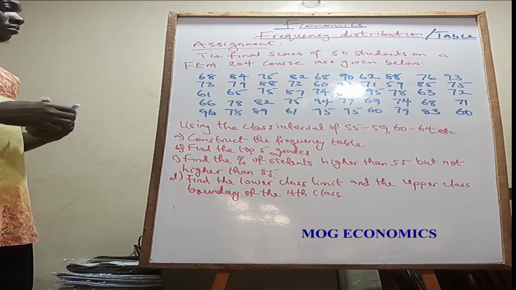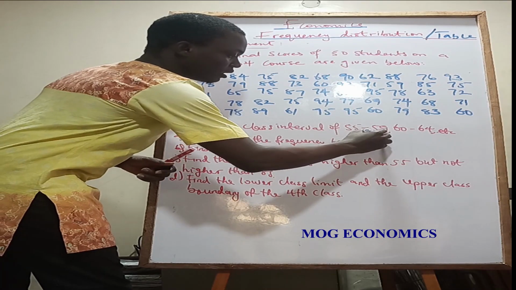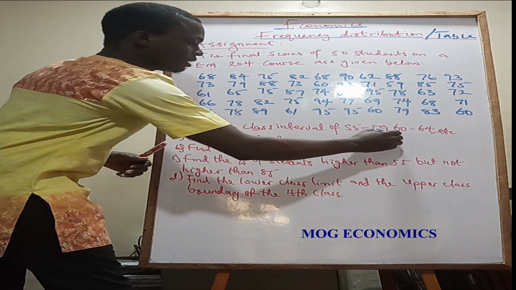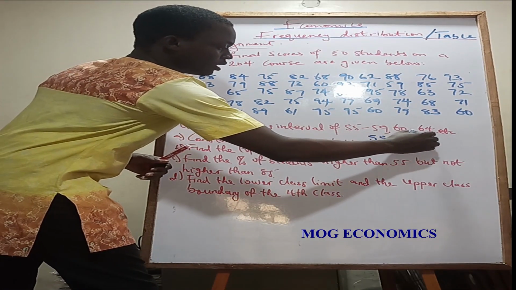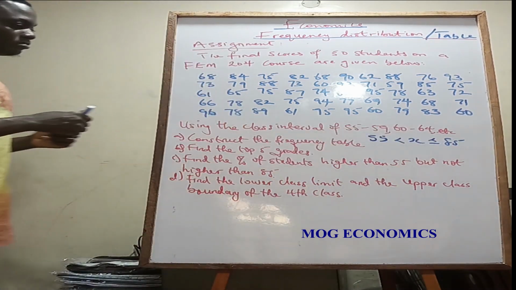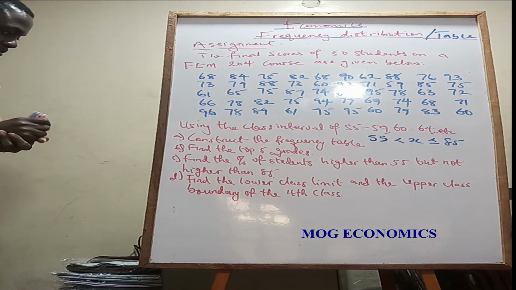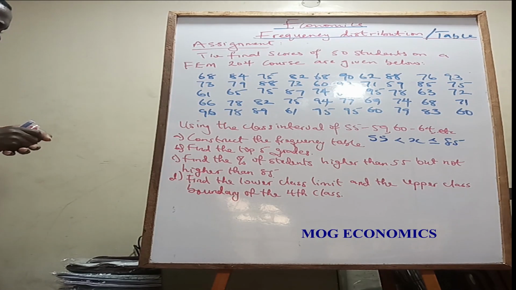So literally it's telling you to find the range of people between 55 and 85, where the score x is greater than 55 and less than or equal to 85. That's what you're looking for, for those that understand it from inequality.